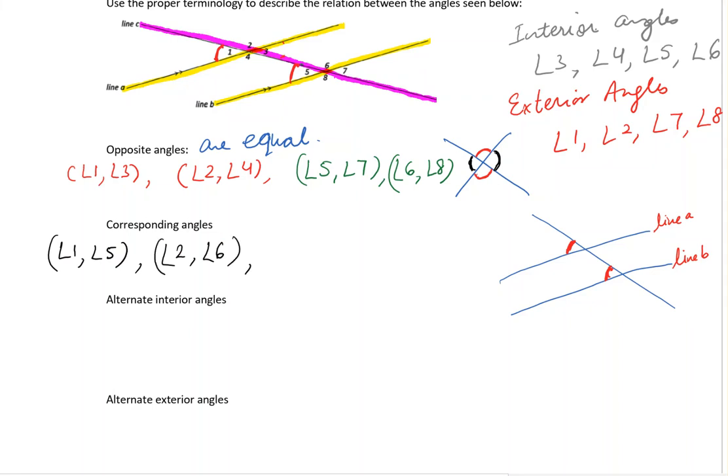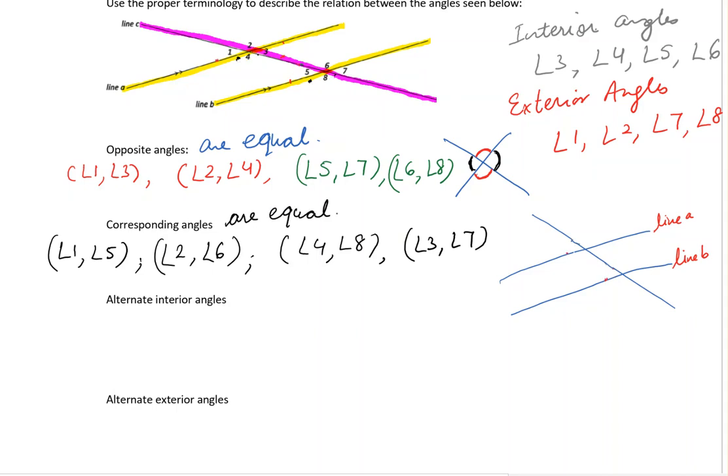Another pair would be angle 4, angle 8. Again, exact same location: on the same side of the transversal line, and if this one is below the line, angle 8 is also below the parallel line. Similarly, the last one: angle 3 should be equal to angle 7, and these are our corresponding angles. All the corresponding angles are equal.